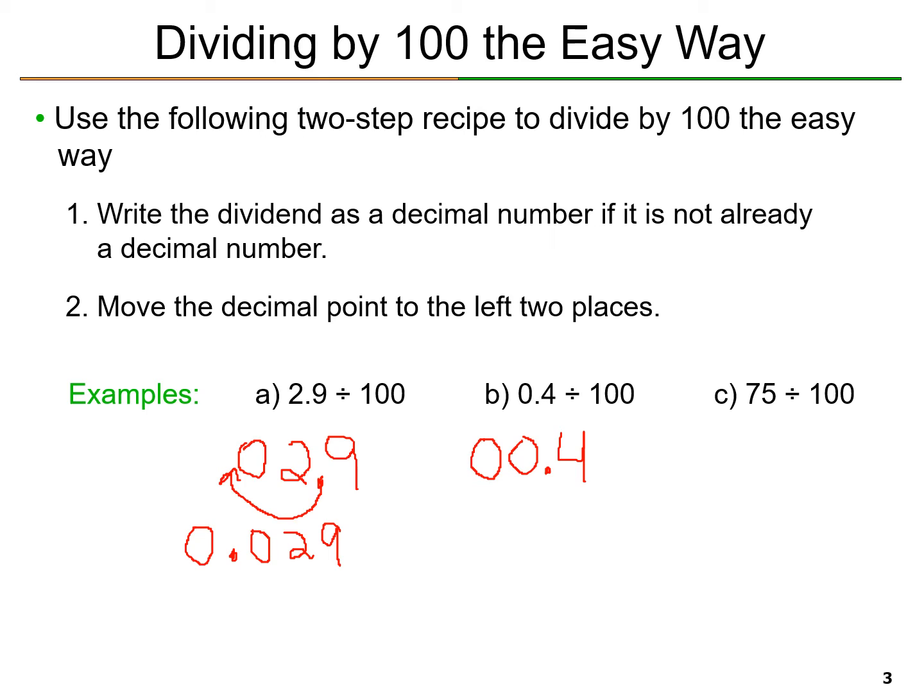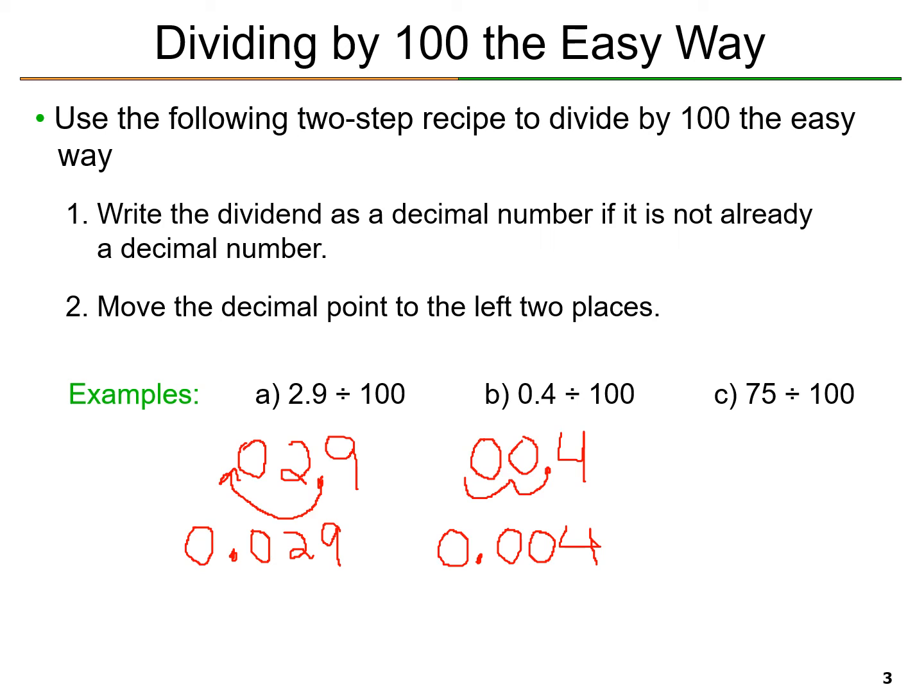So let's move the decimal point to the left 2 places: 1, 2. So we're going to put it right here. So write the decimal point, then we've got 2 zeros, and then the 4. And then we're going to add a 0 as a placeholder. And the answer is 0.004, which is 4 thousandths.